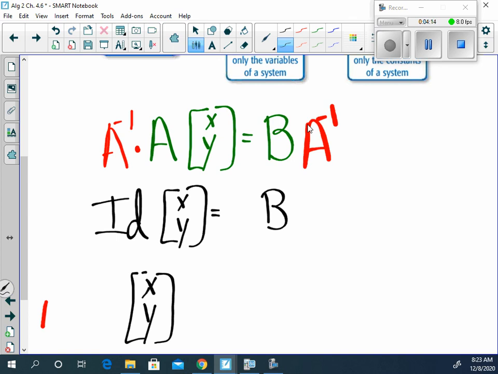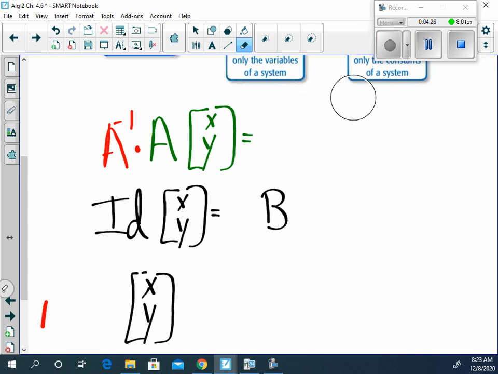Well, matrix B here is a 2 by 1, yes? A is a 2 by 2. So I can't do it that way. So if I'm going to multiply by matrix A inverse, I have to do it from the left.